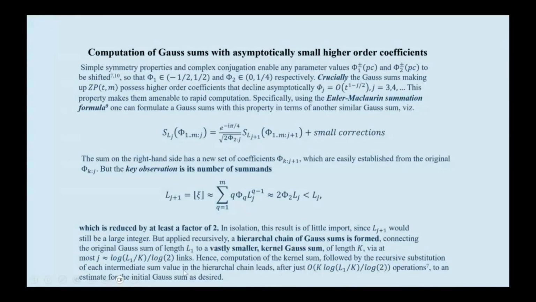That number of operations gives you an initial estimate of the Gauss sum you wanted originally. And so that's the key to actually improving and speeding up the computation of this term ZP of t, and hence the Hardy function itself.